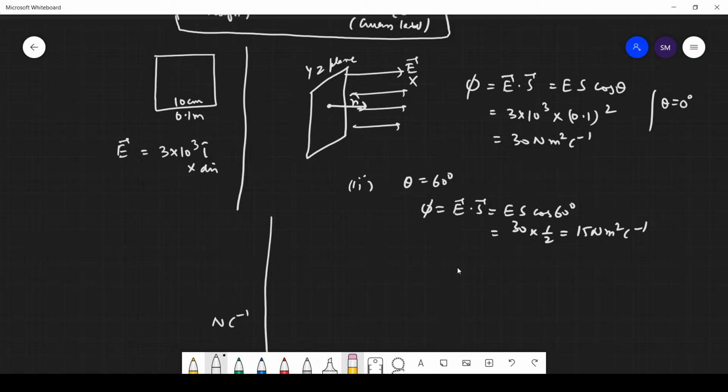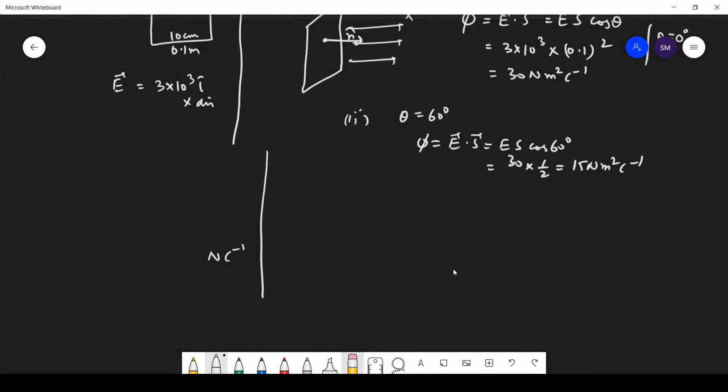Now we have the next question. Consider a uniform electric field E, same as above. What is the net flux of this field through a cube of 20 centimeter oriented so that faces are parallel to the coordinate planes?